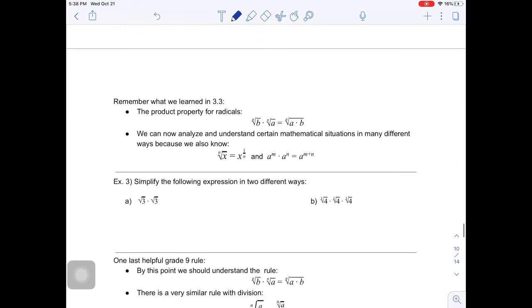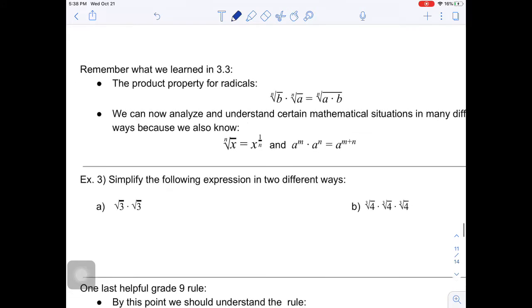Let's move forward here. Remember, in this I actually say 4.3, that's my fault. So remember what we learned in 4.3, that was the very last thing we just did. We learned the product rule. We were able to do this in our last video where we have the same index, so we can multiply the inside numbers.